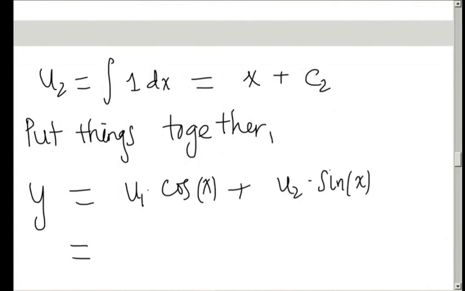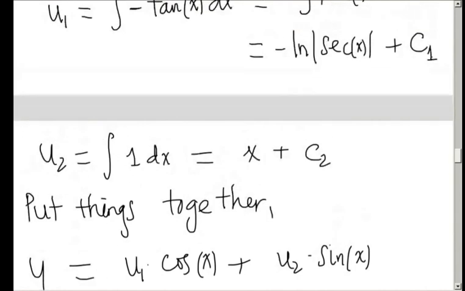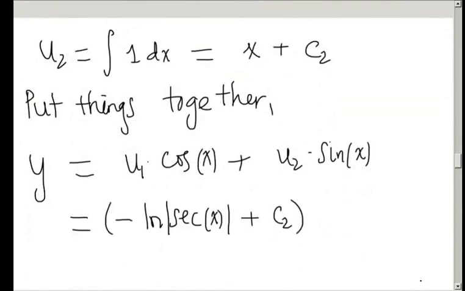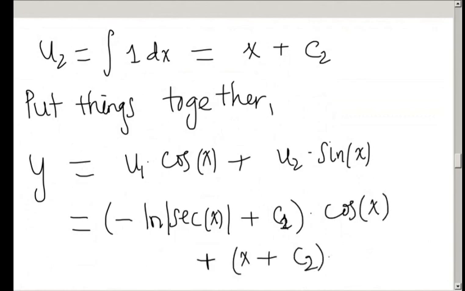This is what we started with. And so u1 is minus log of absolute value of secant x plus c1, everything times cosine x, and u2 is x plus c2, times sin x.